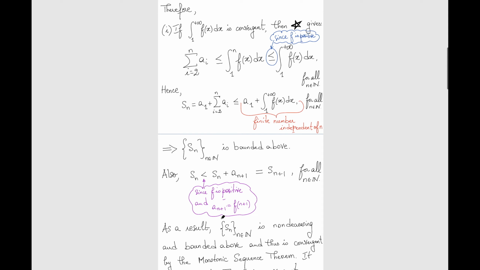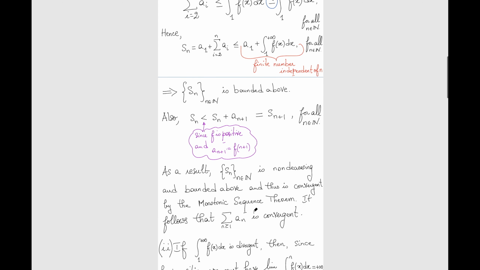What does it mean? That this sequence Sn is non-decreasing, correct? Because any term is smaller than or equal to its successor. So it's a non-decreasing thing, and it's bounded above. So Sn, the sequence of partial sums, is a non-decreasing and bounded above sequence.